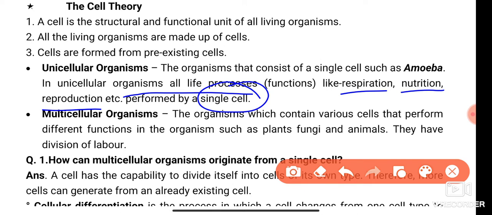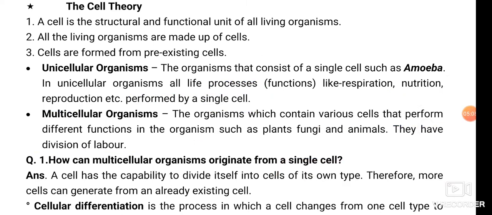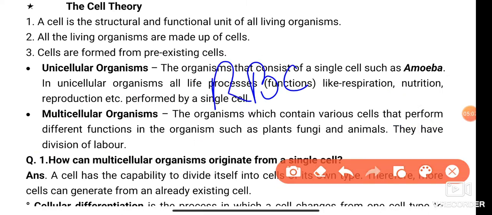Multicellular organisms contain various cells that perform different functions, such as plants, fungi, and animals. So multicellular organisms have more than one cell, and they have different functions. That means a division of labor. Like red blood cells have the function to carry oxygen and supply it to each and every part of the body and carry carbon dioxide out of the blood.